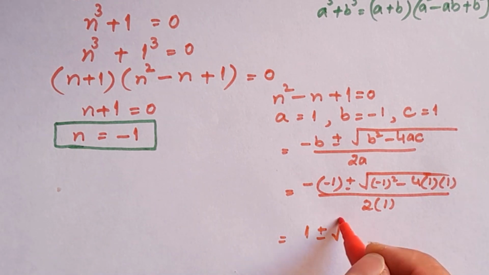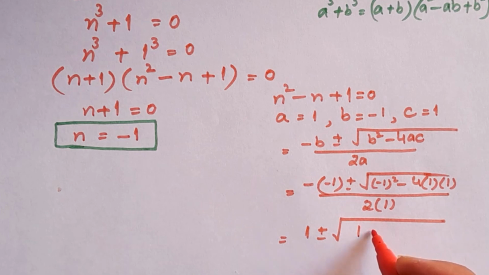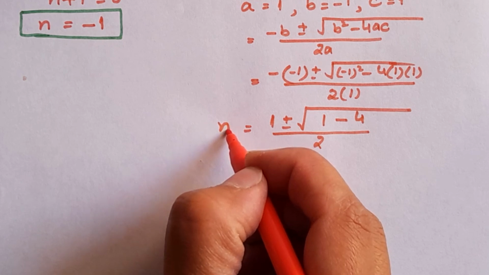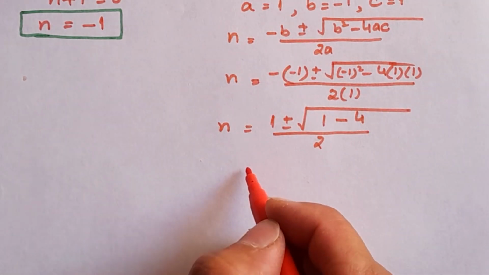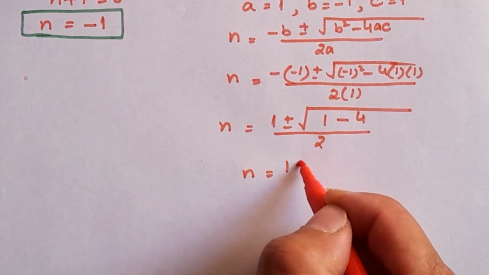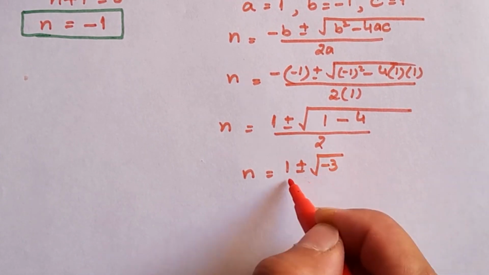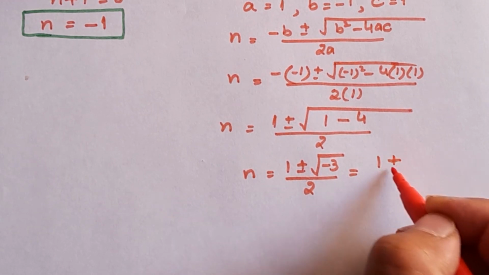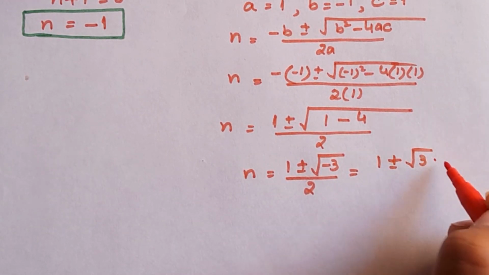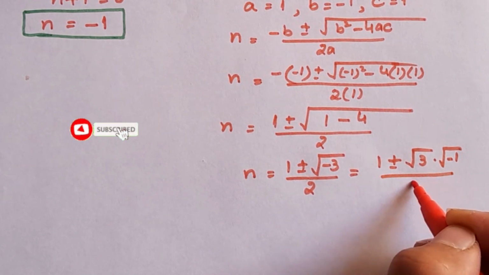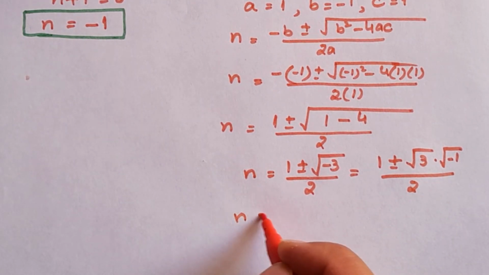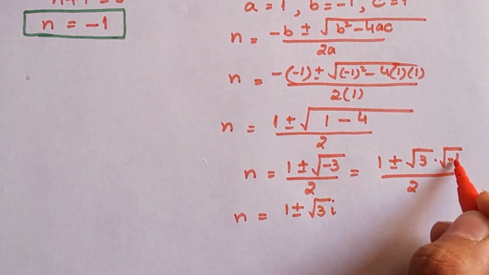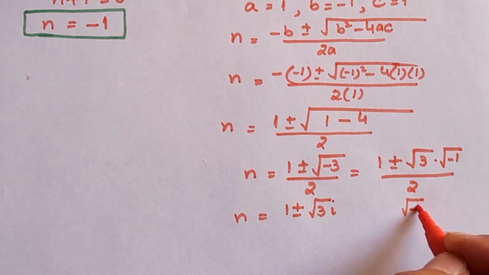Positive 1 plus or minus root of negative 1 whole square, which is 1, minus 4 times 1, which is 4, divided by 2. So n is equal to 1 plus or minus root of 1 minus 4, which is negative 3, root negative 3, and we can write it as 1 plus or minus root 3 times root negative 1 divided by 2, which is equal to 1 plus or minus root 3 iota, because root negative 1 is equal to iota.